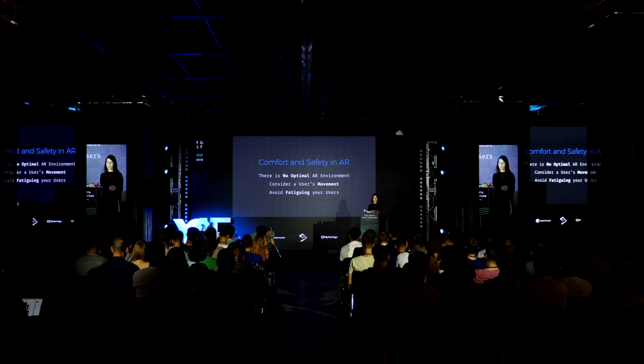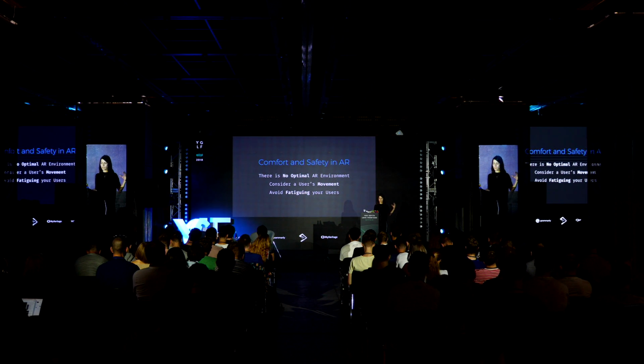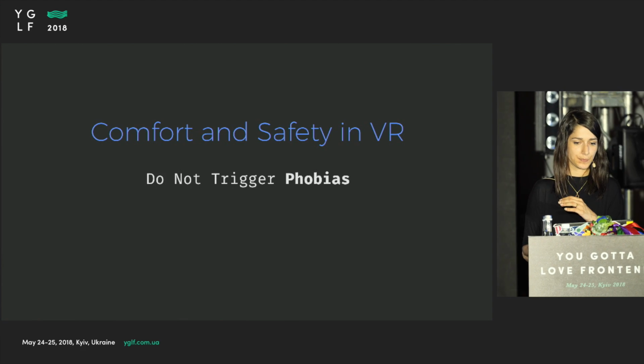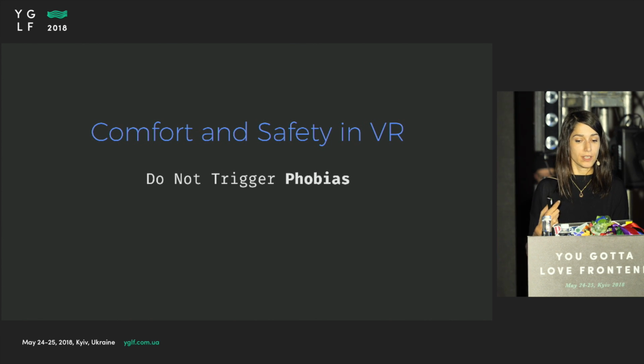You should respect that holding the smartphone at a certain angle can really be exhausting. So you could consider reducing the required movement of the device by placing the objects at a certain angle or distance.